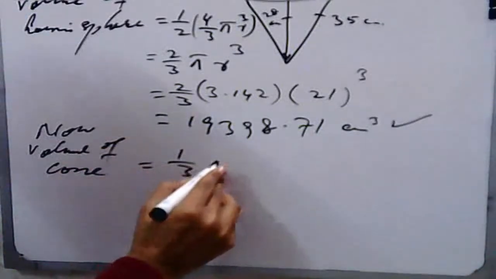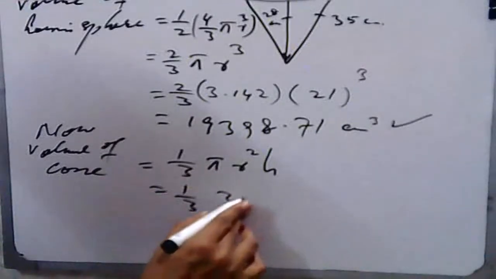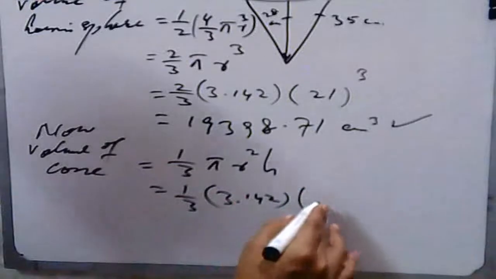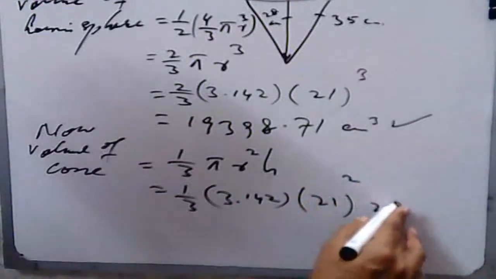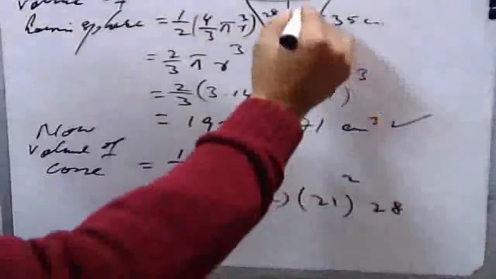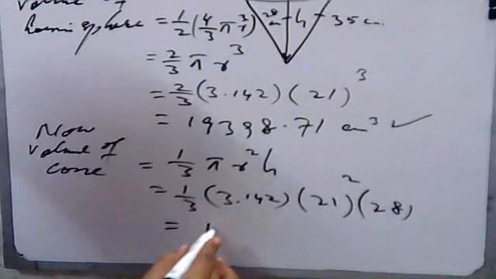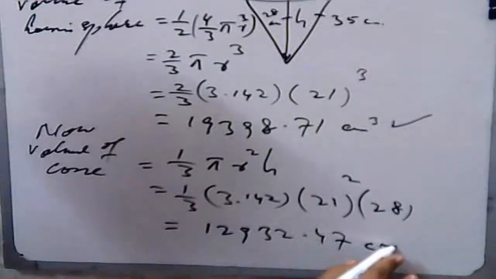It is given in your figure. So after simplification you will get 12932.47 centimeter cube. So this figure having two shapes, one is hemisphere, second is cone. We have found the volume of hemisphere, then volume of cone.